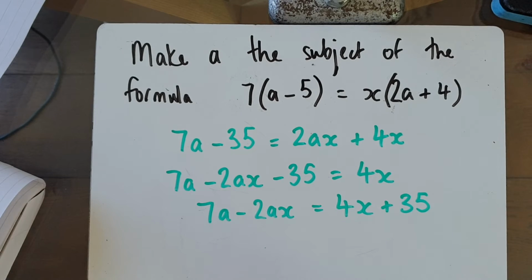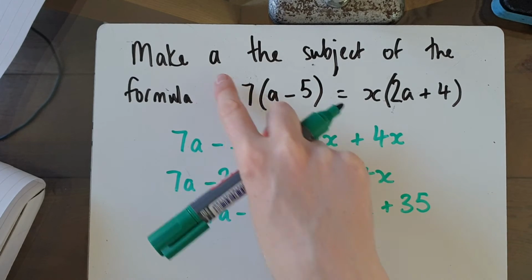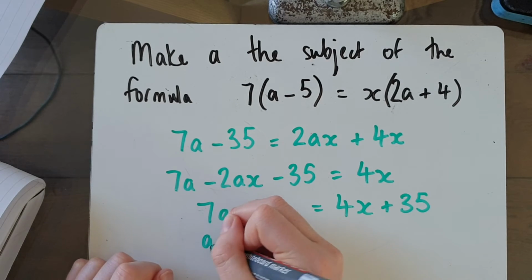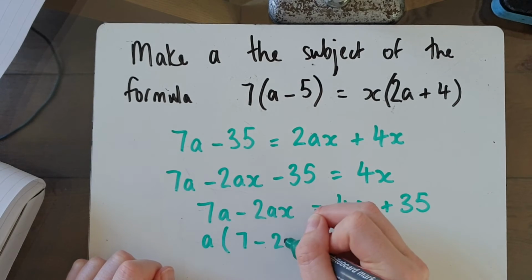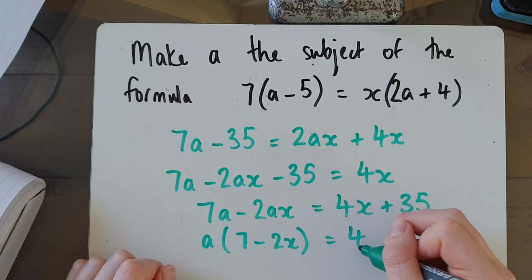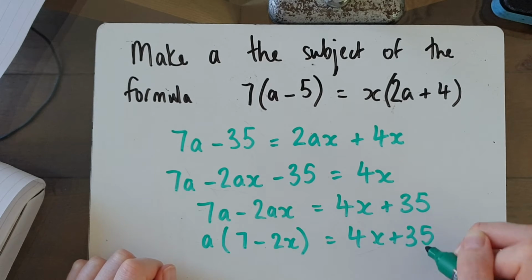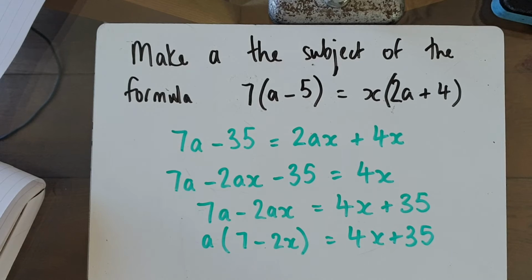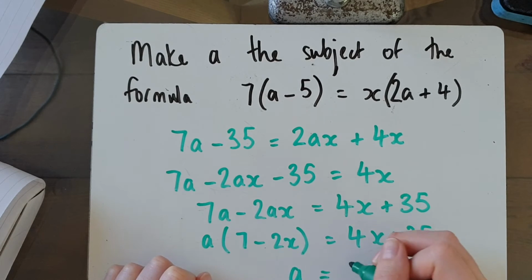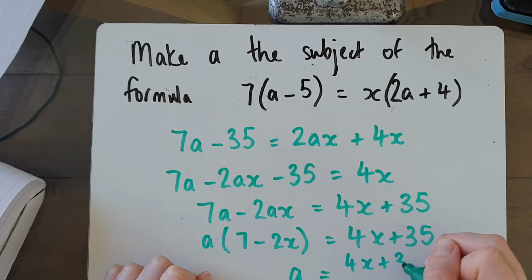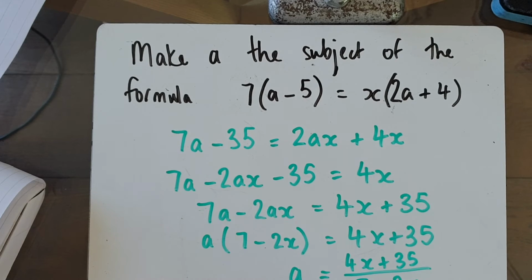From there, exactly the same as last time, I want to make A the subject, so I'm going to factorise A out. And then to get my final answer, I just divide by this bracket. So I will have A equals 4X plus 35 all over 7 minus 2X.